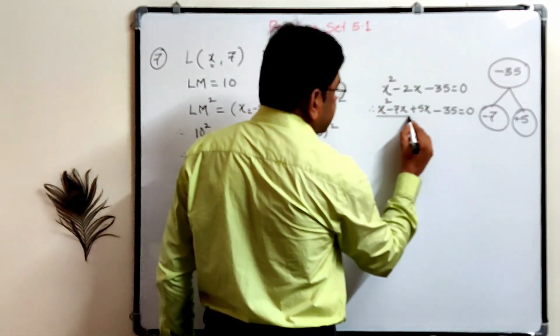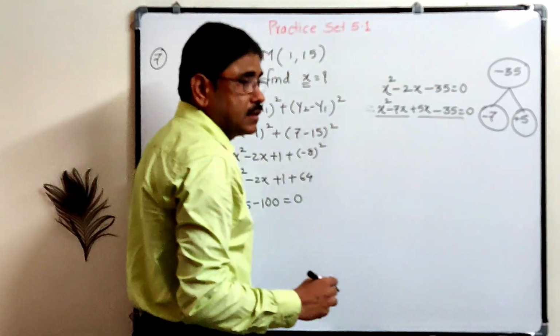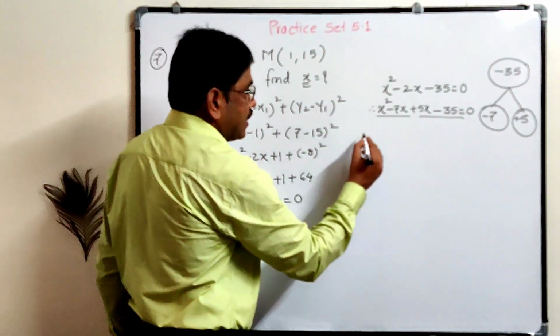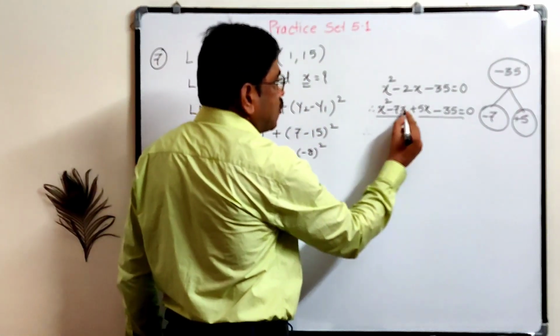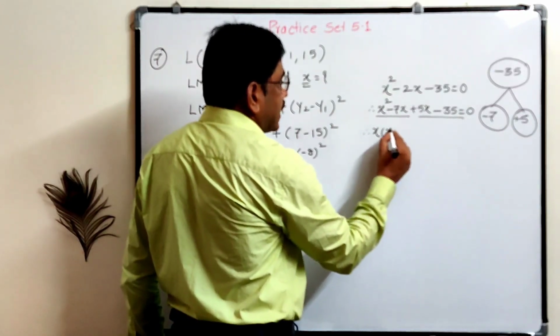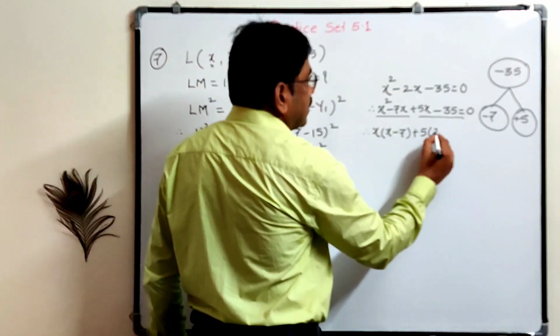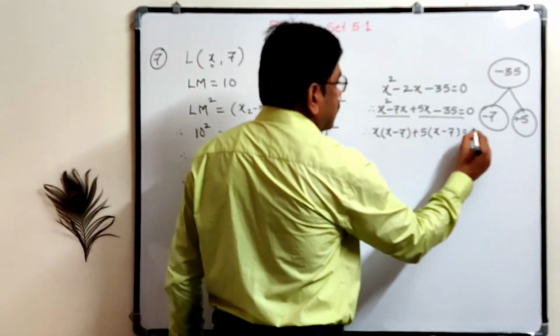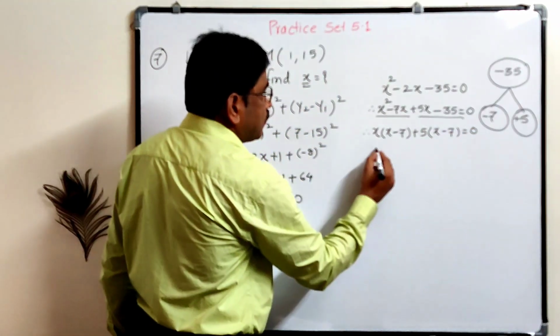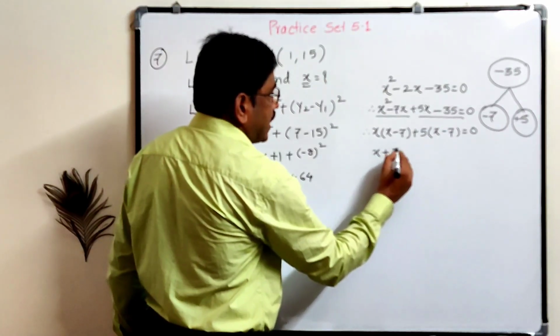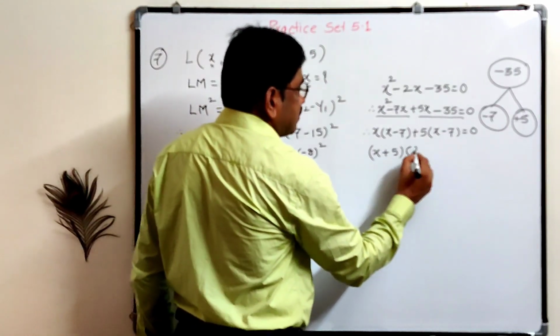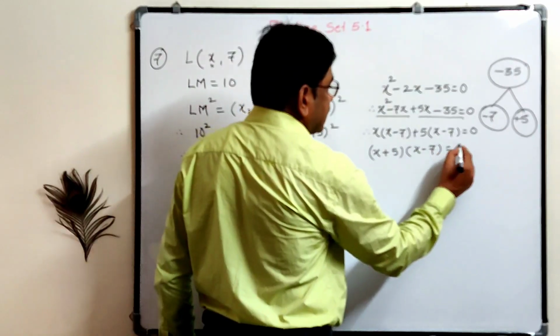Now first and second, first pair; third and fourth, second pair. Find the common factor. What is common here? x into bracket x minus 7. Here 5 is common, x minus 7 is equal to 0. Therefore x plus 5 is one of the factors and x minus 7 is another factor.